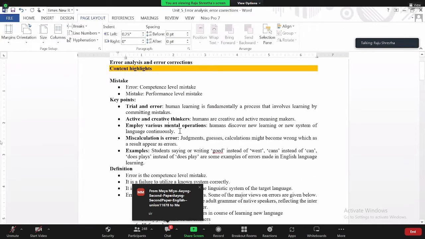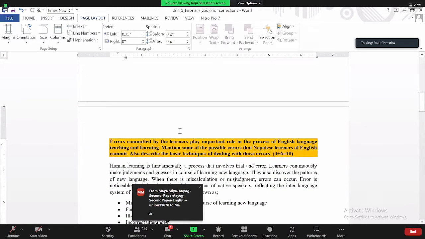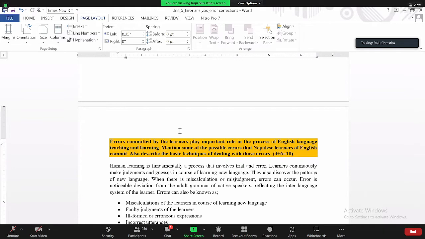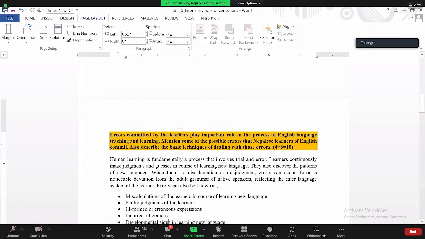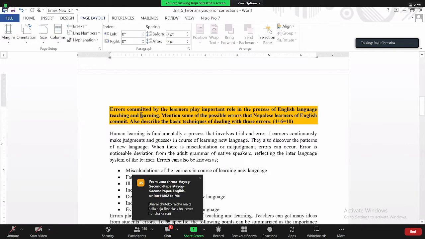I have prepared 2-3 questions here to summarize the two areas. First, errors of the students and error analysis: what are the errors, and how do we respond to the students' errors? Errors committed by the learners play an important role in the process of English language teaching and learning.